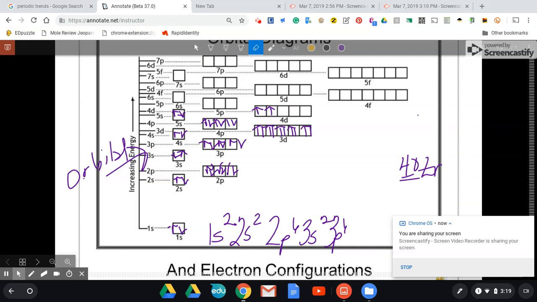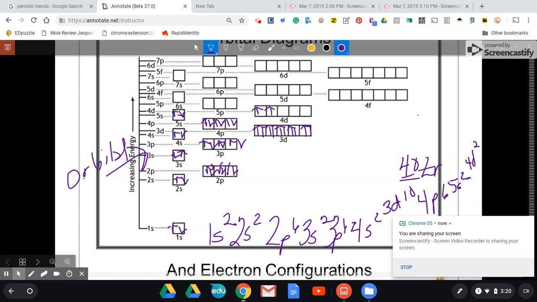Whoops, let's make it, so 3p6, 4s2, 3d10, 4p6. And look, I'm glad I made that error, because if you're looking at a multiple choice question and you see that it's not in the right form, then you know it's wrong. So from 4p6, I go to 5s2, and then lastly, I finish up with 4d2.